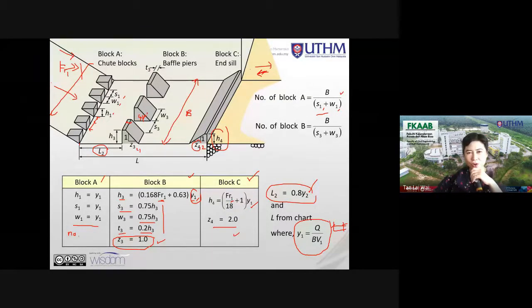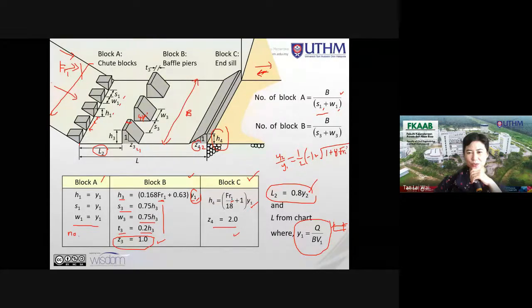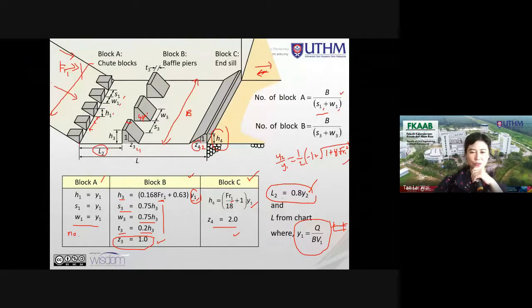So therefore, you will expect a hydraulic jump to occur. So your Y2, you can get from your conjugate depth equation. You can get Y2 divided by Y1. I hope you still remember this equation here. I hope this time I get it correct. It is 1 plus 8 Froude 1 squared. So you can get your Y2 using this expression here.